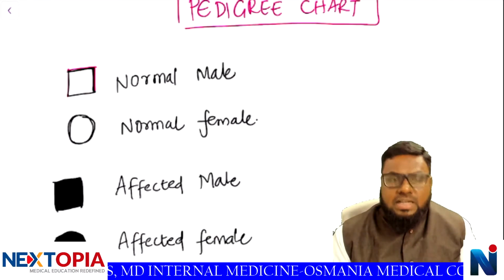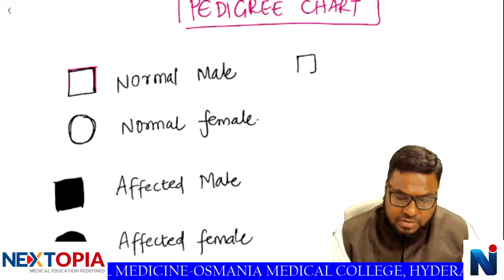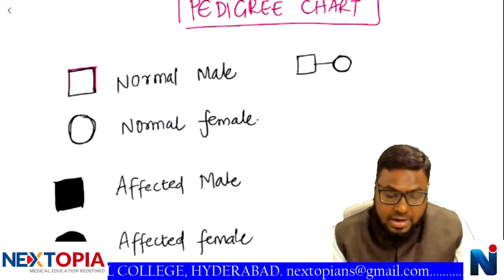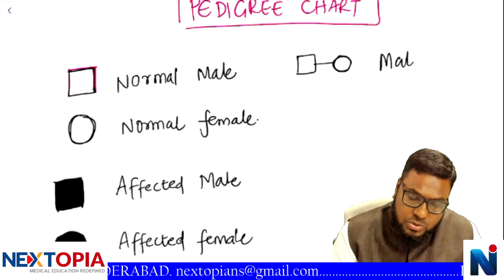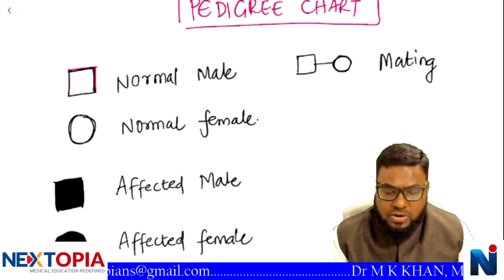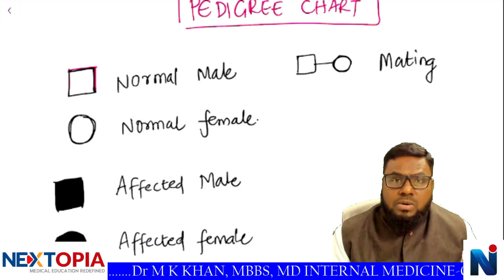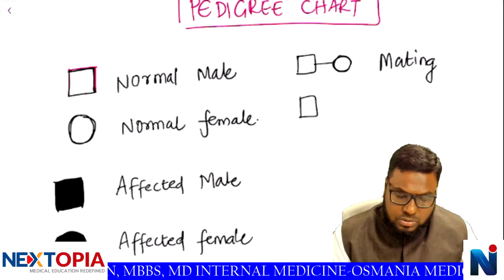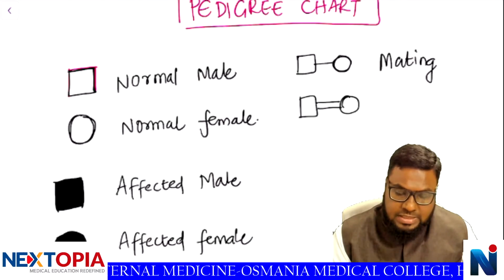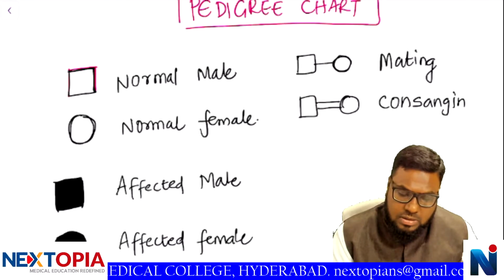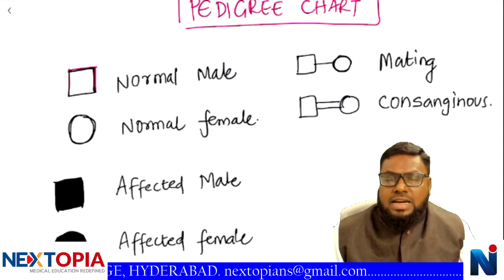In the pedigree chart, we also have something like this. If a square and a circle are joined by a single line, it means they are mating with each other to produce offspring. So parents, we can call them mother and father. If I draw two lines like this, it means they are related to each other, consanguineous, blood relatives who got married.